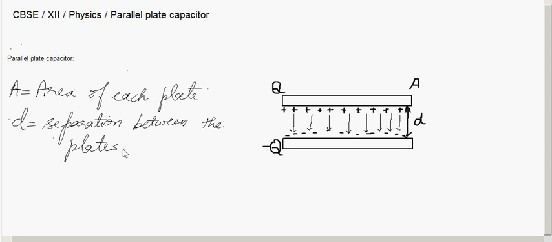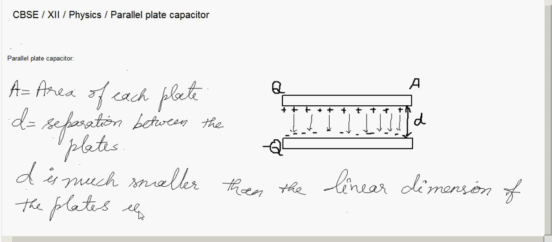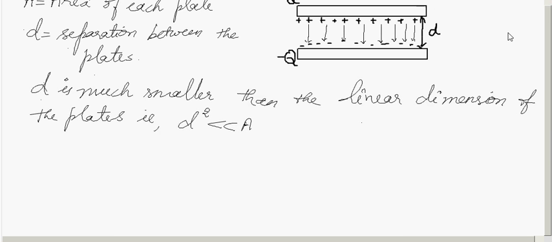Now we will make an assumption here. Let d be much smaller than the linear dimension of the plates, that is, d squared is very much less than A. If this is the case, then we can consider these two parallel plates as two infinite plane sheets with uniform surface charge density.